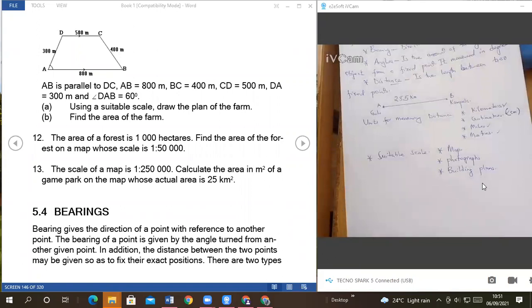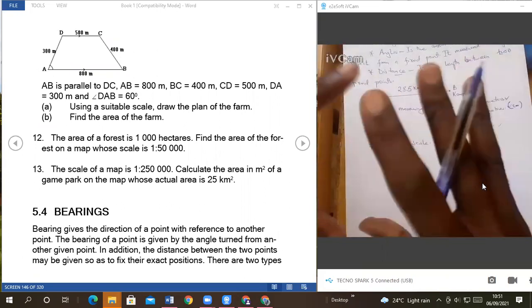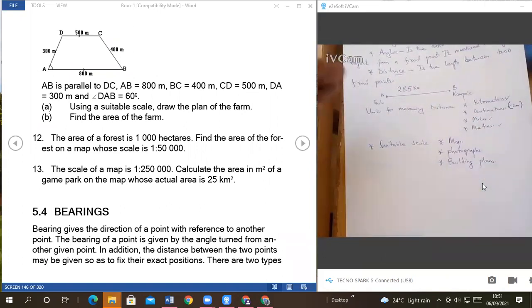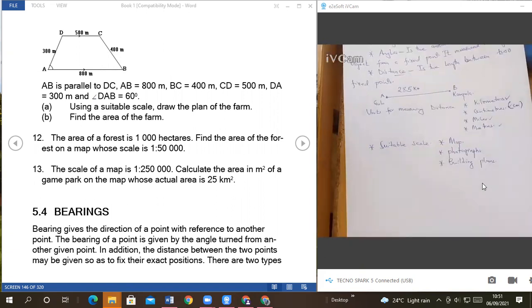When you look at your photo and the real you, for you to fit that scale, the size of the paper, the photographic film, a scale must be used. That's why we have photos of different sizes. We have passport size photos. We have the wall size, what we call portraits. All those things are because of the use of a scale.